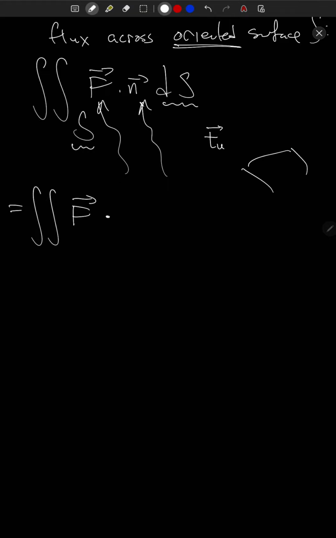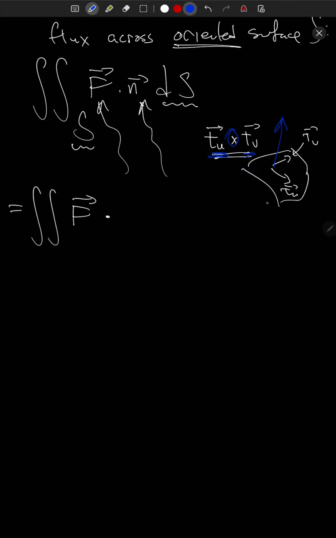T sub u moves along the surface like this, T sub v moves along the surface like that. So T sub u cross T sub v, the direction of it, not the length of it, I don't care about the length at the moment. The direction of the cross product of two vectors is normal. So T sub u cross T sub v is always perpendicular to our surface.